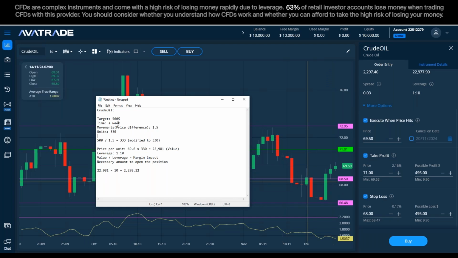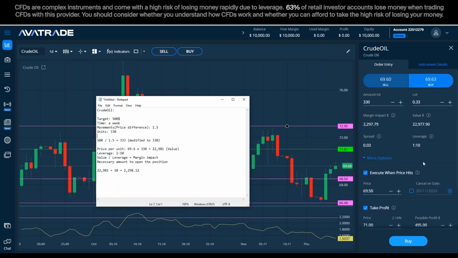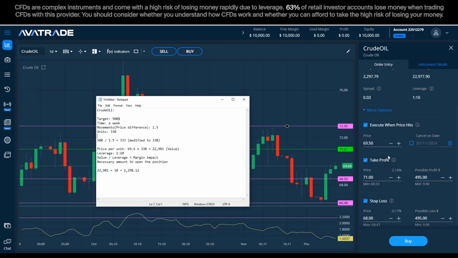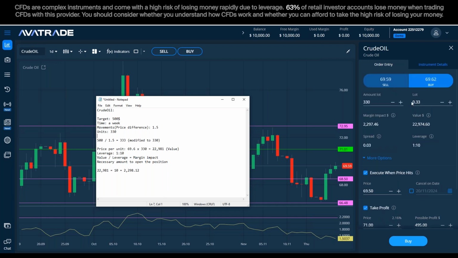Once we had the average, all we had to do was add it on top of the price to see where the take profit can be. Once we placed the take profit, we changed the lot size accordingly by dividing the target by the movements, and this way we knew the necessary amount of units. We've also learned that because oil has a bare minimum of 10 units, we couldn't have the 333. Instead, we had to modify this to 330 in increments of 10.